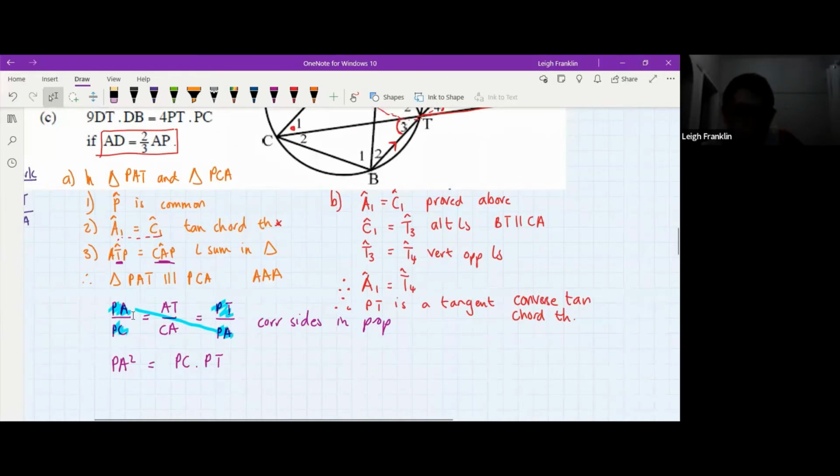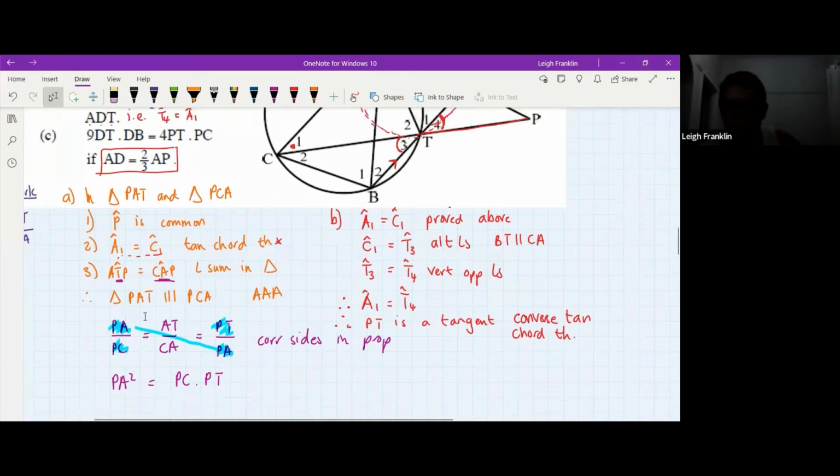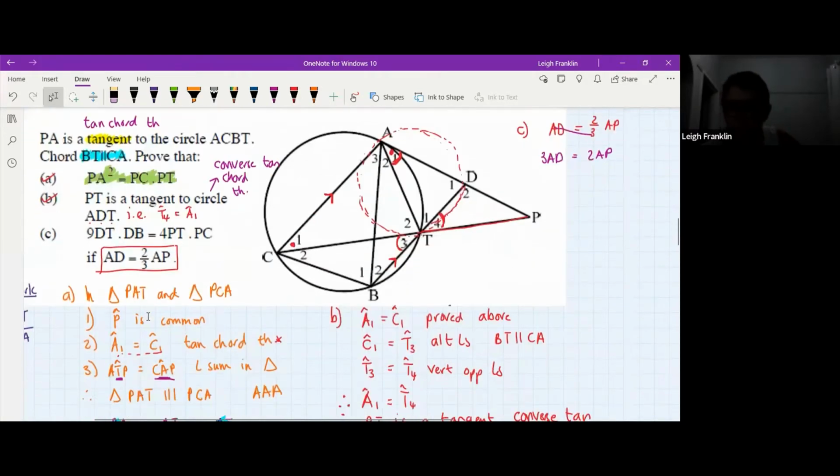So we've already proved that PA squared is equal to PC times PT. And we know that 3AD equals 2AP. So we know that that's true, and we know that PA squared is equal to PC times PT.